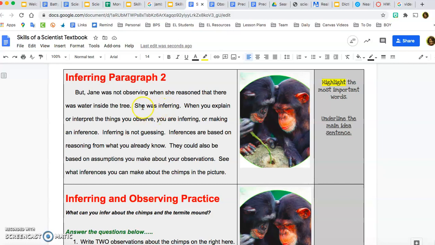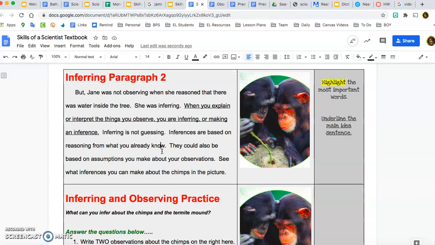Okay? That is inferring. When you explain or interpret the things you observe, you are inferring, or making an inference. This whole sentence explains inferring. So for me, that makes sense to underline that whole sentence because it explains our vocabulary word of inferring, okay?